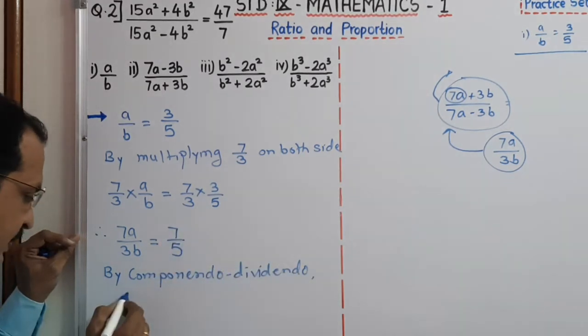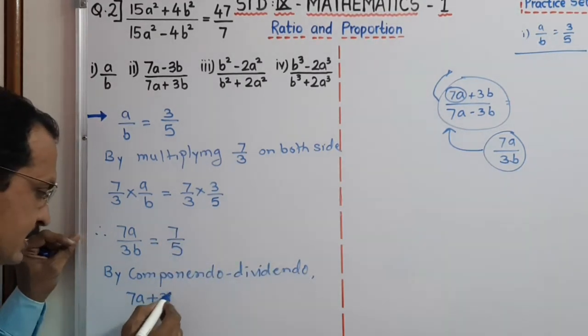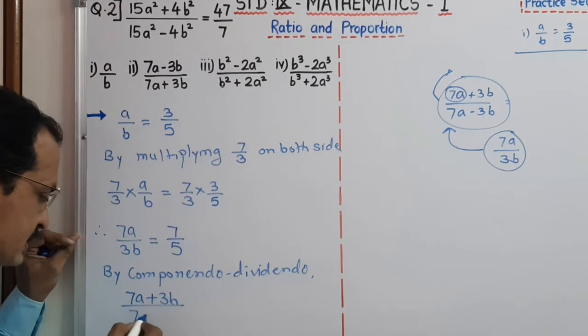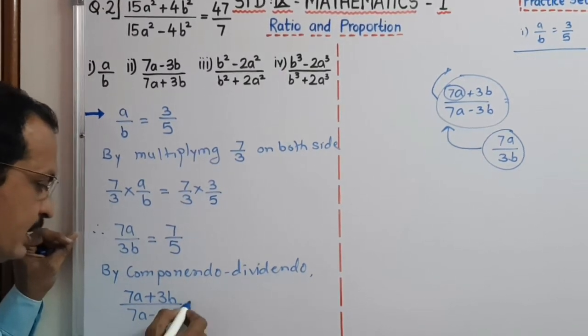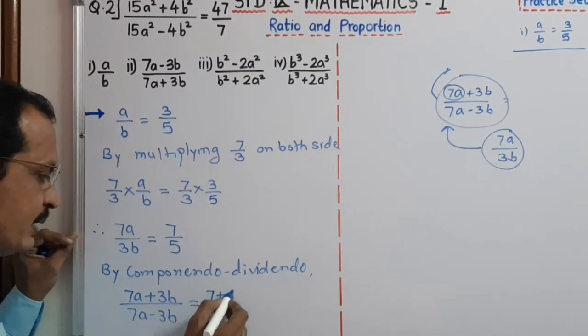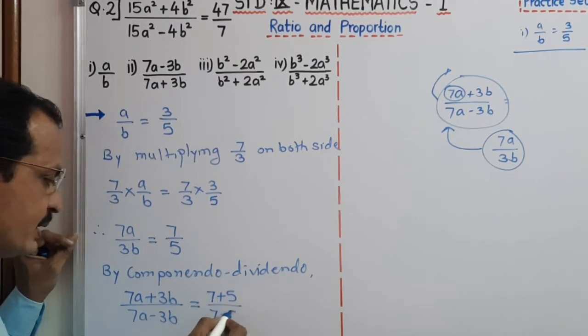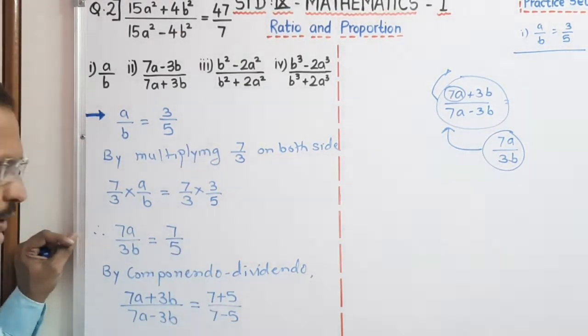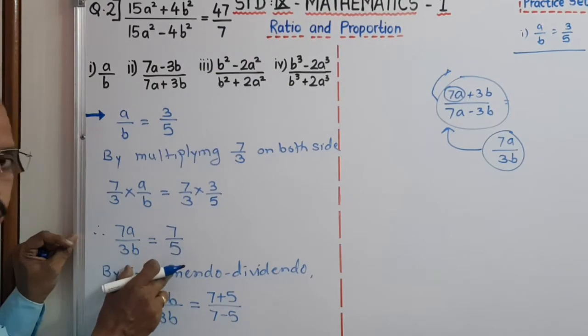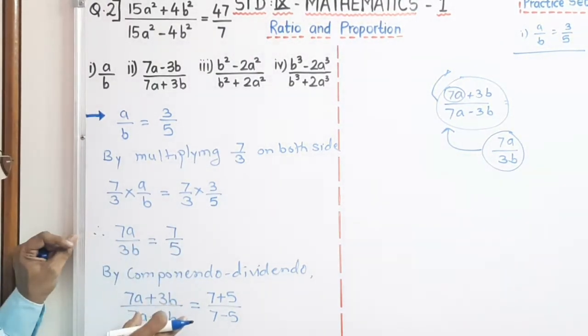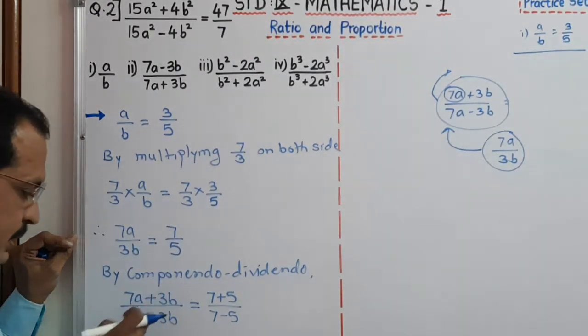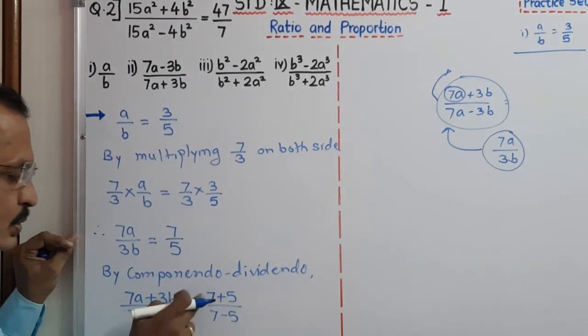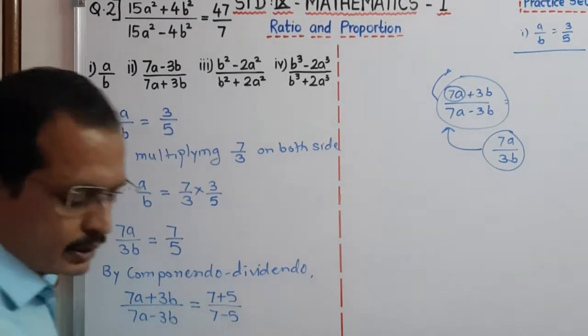Now see here, 7a plus 3b upon 7a minus 3b is equal to 7 plus 5 and 7 minus 5. Isn't it? We have to apply componendo dividendo on both the ratios. Therefore, 7a plus 3b upon 7a minus 3b is equal to 7 plus 5 upon 7 minus 5.